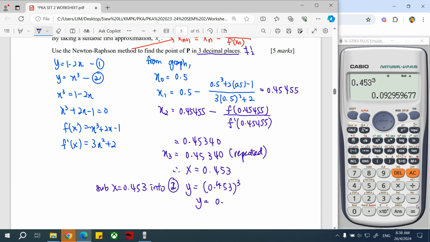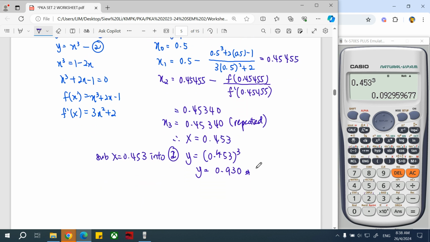So 0.9295. When you round off, it becomes 0.930. Okay, so write your point in coordinate form.